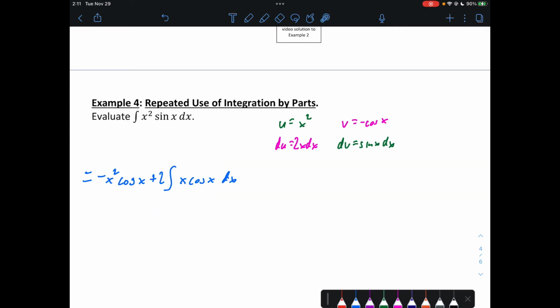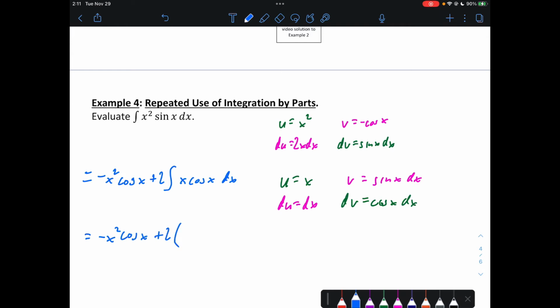All right, so the reason why we got to do this again is because we have nothing we can substitute for here. We can't integrate as is, and we can't substitute. So we're going to let u equal x and dv equal cosine x dx. So du equals dx, and v equals sine x. So now I can write my answer as negative x squared cosine x plus 2 times uv minus the integral of v du.